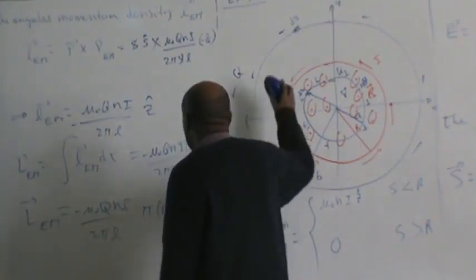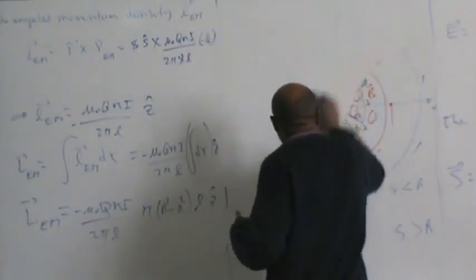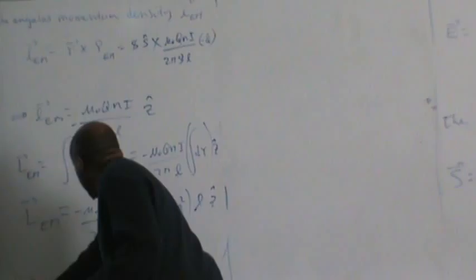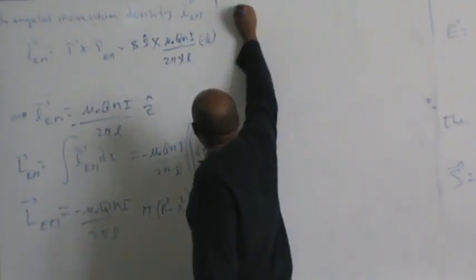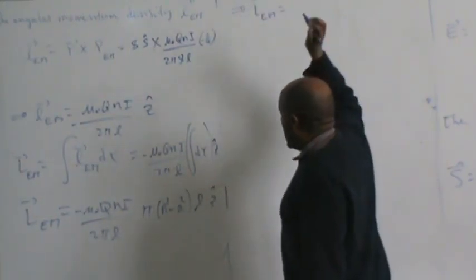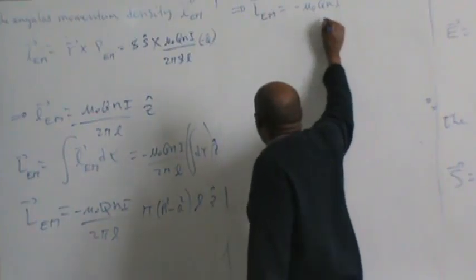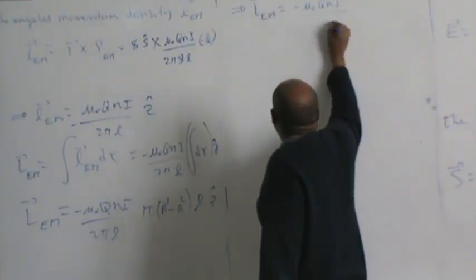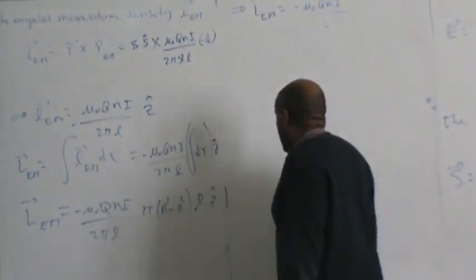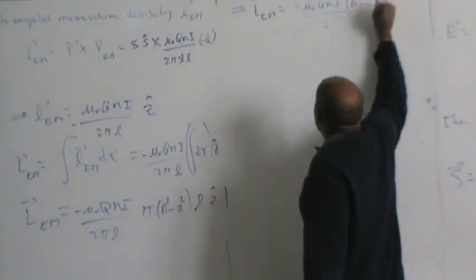So that would lead you to L_EM equals minus mu naught Q N I over 2, pi cancels out, R squared minus a squared along the z hat.